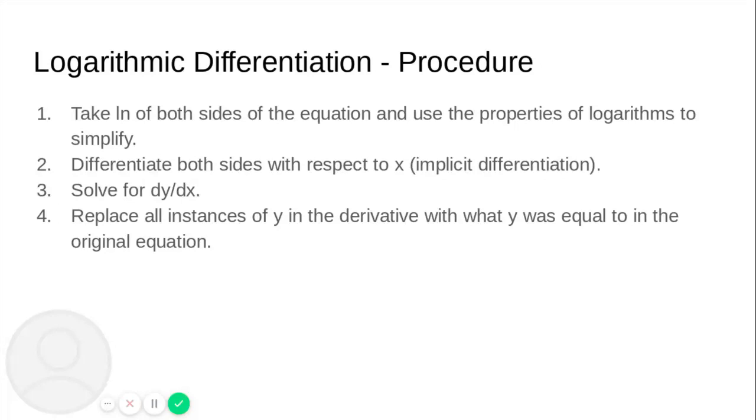Then you differentiate both sides with respect to x. This is the start of our implicit differentiation. Solve for y prime, or dy over dx, and then replace all instances of y in the derivative with what y was equal to in the original equation. This is so that the derivative doesn't have any instances of y left, and I'll show you in the upcoming example.